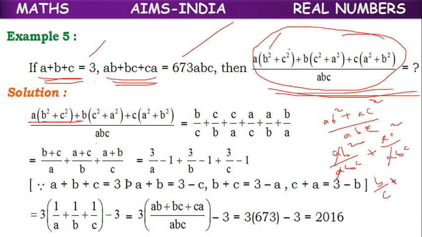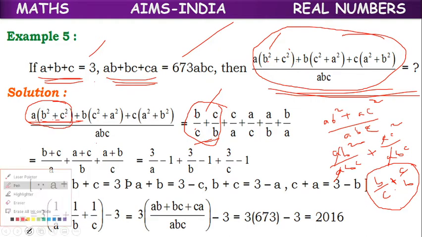Here a cancel, 1c cancel, in the numerator c will be there, denominator b will be there. So b by c plus c by b.